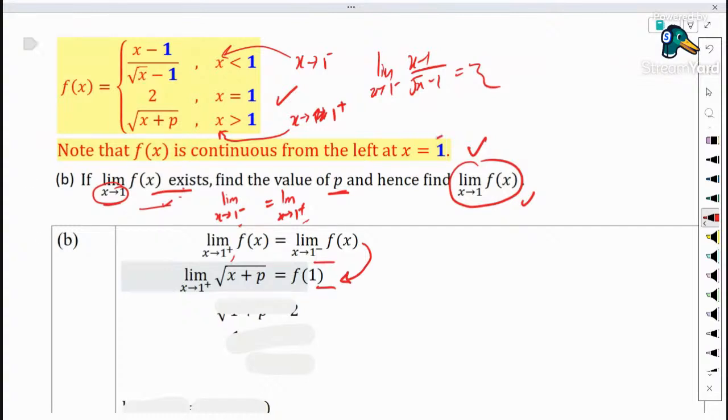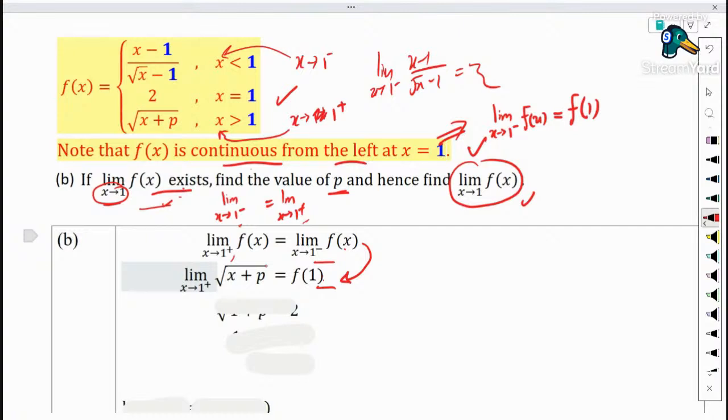Please don't forget the information just now: the limit as x approaches 1 minus of f(x) is just equal to f(1) because f is continuous from the left. That's why I can just substitute to become f(1). That is the reason the calculation is done this way.